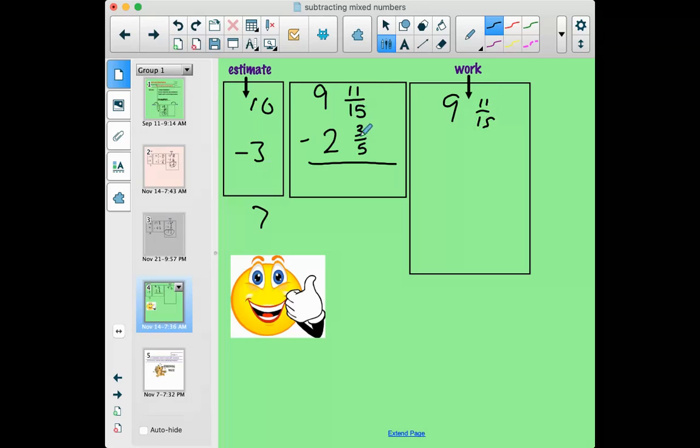So I can keep that 15 since 5 goes into 15. And just rewrite the bottom one as something out of 15. So to get from 5 to 15, I'm multiplying by 3. 3 times 3 is 9. Okay, now if I subtract, 11/15 minus 9/15 is 2/15. 9 minus 2 is 7. So I get 7 and 2/15, which is very close to 7.